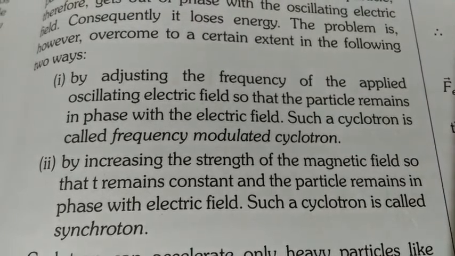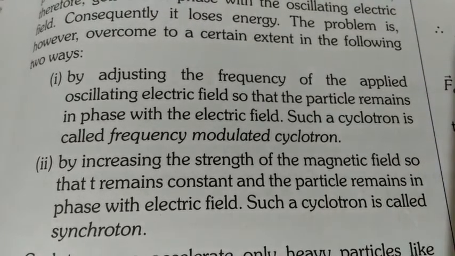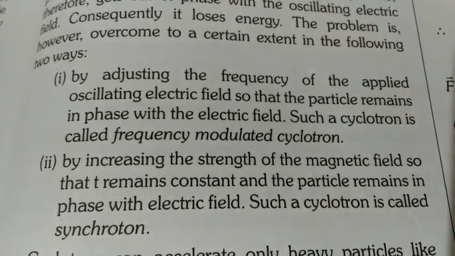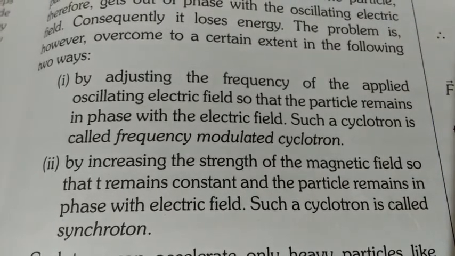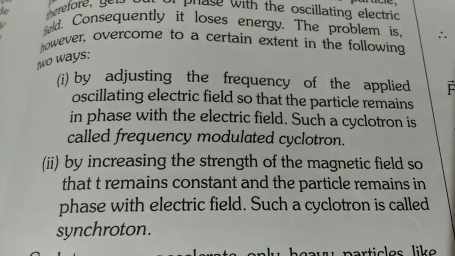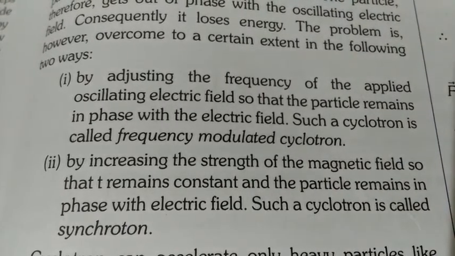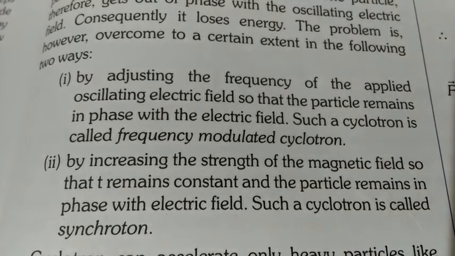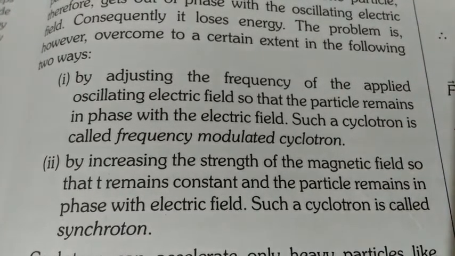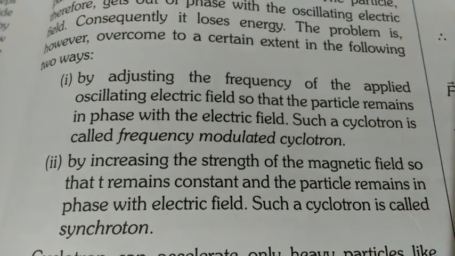The second method is by increasing the strength of the magnetic field so that T remains constant and the particle remains in phase with the electric field. Such a cyclotron is called synchrotron, because here we have synchronized the time by increasing the strength of the magnetic field.